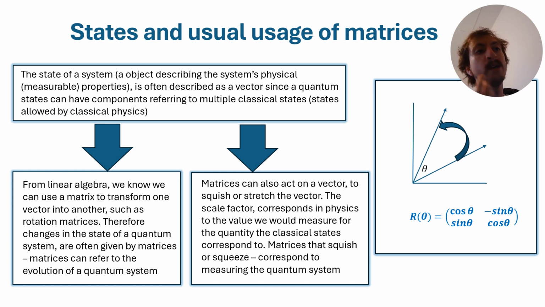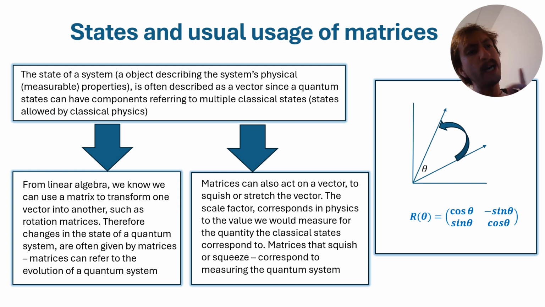And so matrices are also useful for extracting information about what values we might measure for a physical observable, and therefore matrices can be thought of as describing observation, or the role of observation in a quantum experiment. So matrices are very useful, even when we're not considering the system as made up of multiple parts, for describing measuring that system and that system evolving.